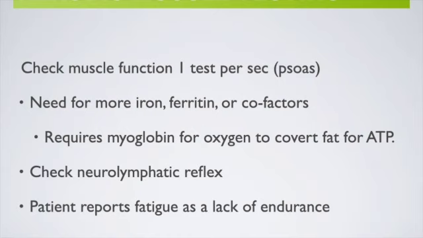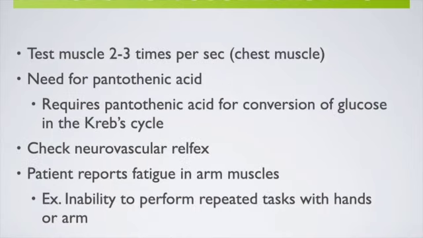So when you find a muscle that functions abnormally with this test, then you would first go to the neurolymphatic reflex for that muscle and see if that re-strengthens it, or if that helps the muscle regain its optimal function. And then you would start testing nutrients from there.